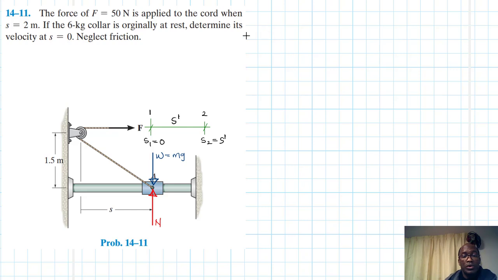So using the principle of work and energy, KE1, which is the initial kinetic energy, plus the total work from 1 to 2 is equal to the final kinetic energy KE2. Before I do so, let me define certain parameters.